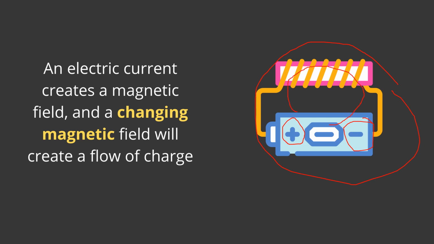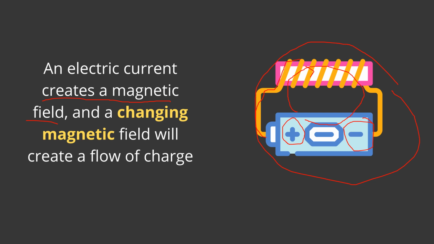That's the direction of conventional current, from the positive terminal to the negative terminal through these connecting wires. And if we have the current flowing, we will actually create a magnetic field. Be aware that this is not a magnet, but the flow of current through your conducting wire will actually create a magnetic field, right?